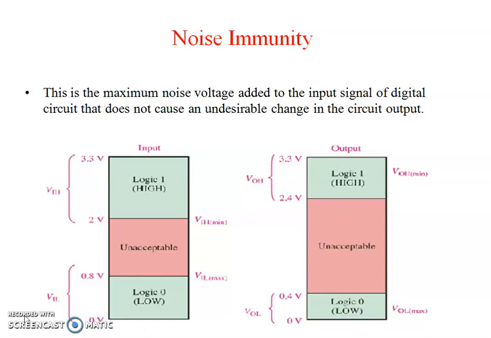And the noise immunity is always calculated as VIL max minus VOL max, and VOH min minus VIH min.